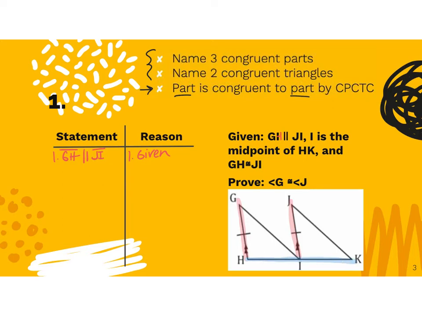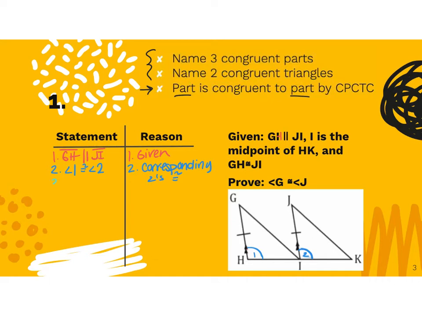HK is our transversal, which, if I look a little more closely, means I have corresponding angles. Here's angle 1, and here's angle 2. So now we can say angle 1 is congruent to angle 2, and this is because they are corresponding angles, and corresponding angles are congruent.